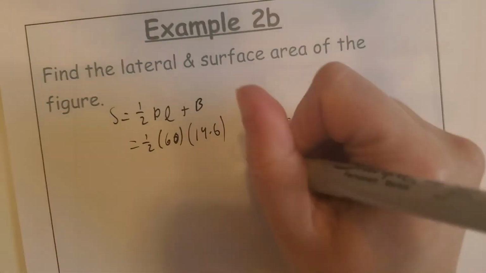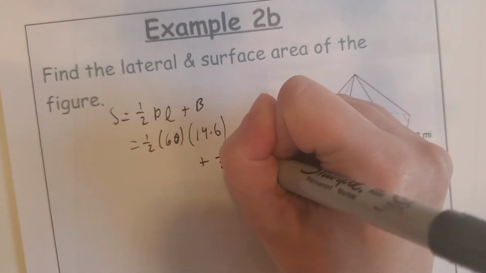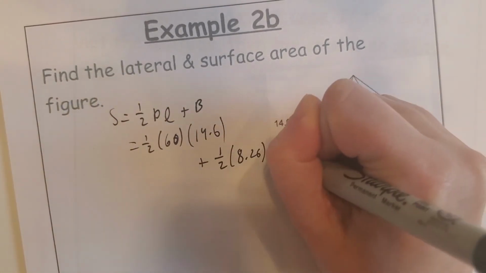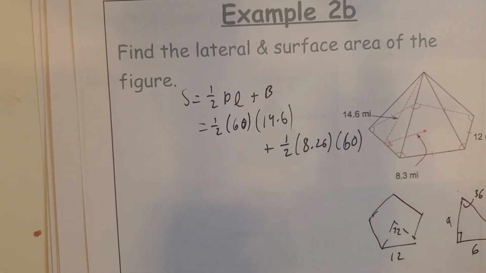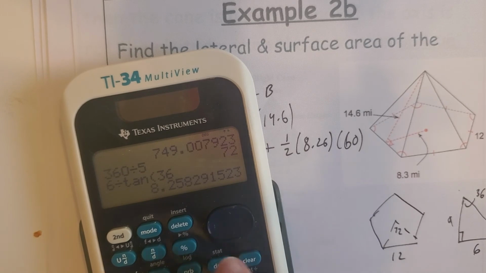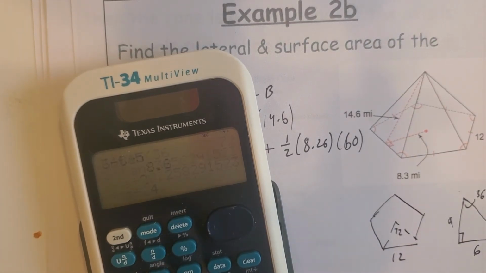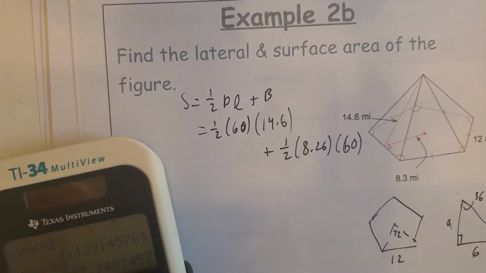So again, we'll go with the area formula. 1/2 of approximately 8.26 times the perimeter, which is again 60. We'll work with this first because the 8.26 is still in my calculator. Divide this by 2 times 60 is approximately that. And we're just going to go right in and round it.